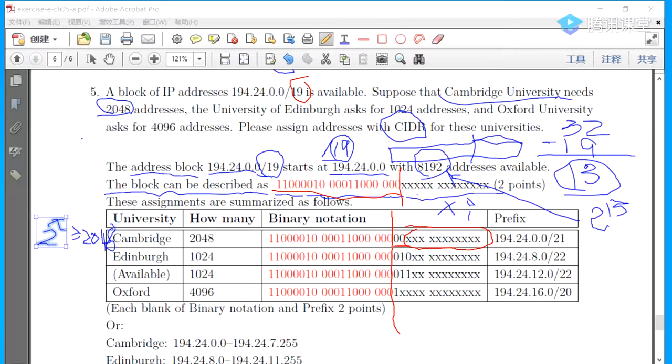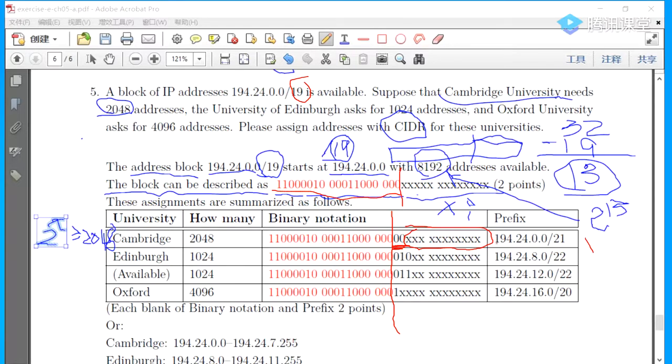The remaining 2 bits can be set with the minimum value. Here we set 0, 0. So the prefix notation with CIDR for Cambridge University can be set to the minimum with X equals 0.